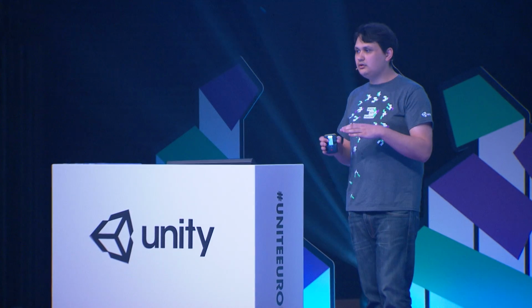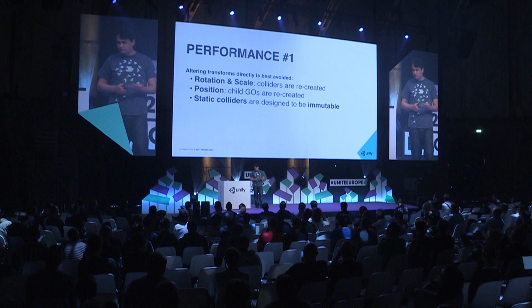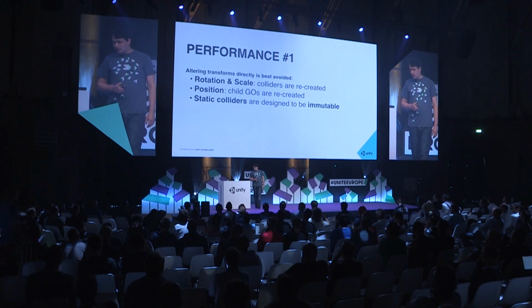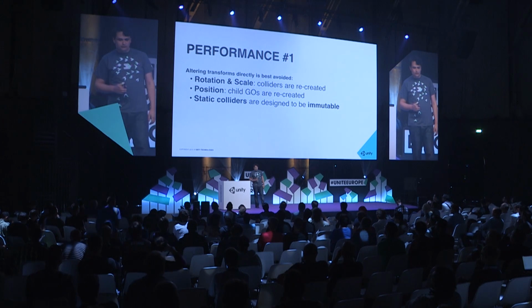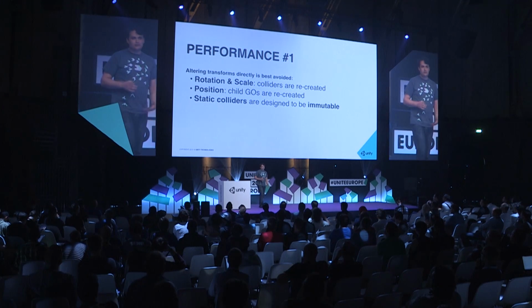So whenever you change a transform of the child collider, we have to rebuild the child collider, so it takes performance. Another important thing is that Box2D was designed expecting most of these objects to be immutable. You set the parameters once, and then you never change them. Of course, we have exposed all of the properties in Unity, but the cost is that when you change the radius of a circle collider, for instance, we have to rebuild the collider from scratch.